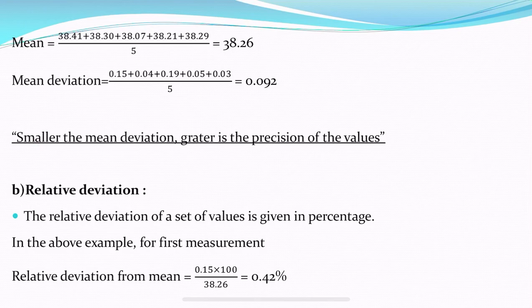The precision of data can be expressed by these methods: mean deviation, relative deviation, range, and next the standard deviation, which is very important, and also the coefficient of variance. All these are mathematical and statistical measures used to understand precision.